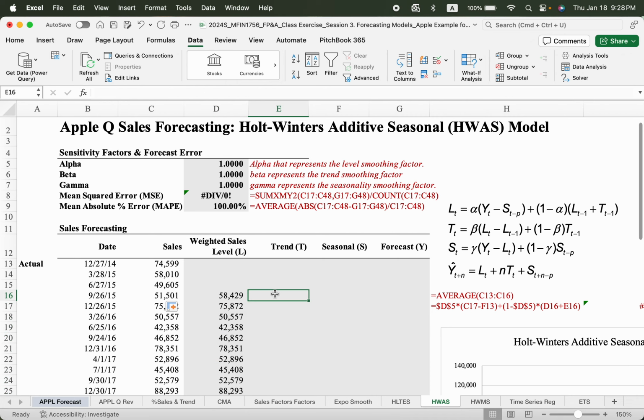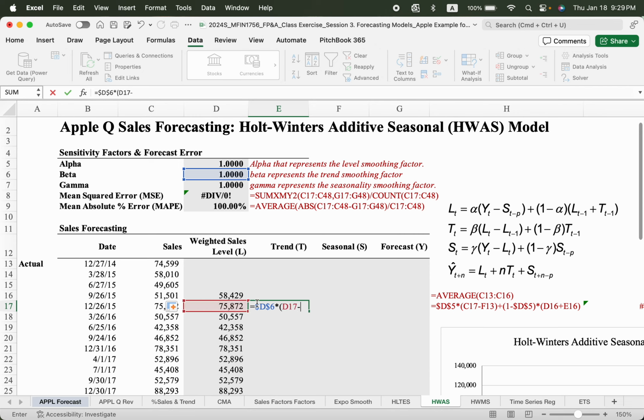Now the trend here, even we cannot calculate the trend from the fourth quarter, yeah, because we have to use the weighted sales level of the prior quarter, right? So here we need to start here. Again, what we are doing is this equation. So equal beta, then fix this, then the level. The difference between these two, so that we can get the trend explained by beta, right? Between these two periods at the weighted sales level.